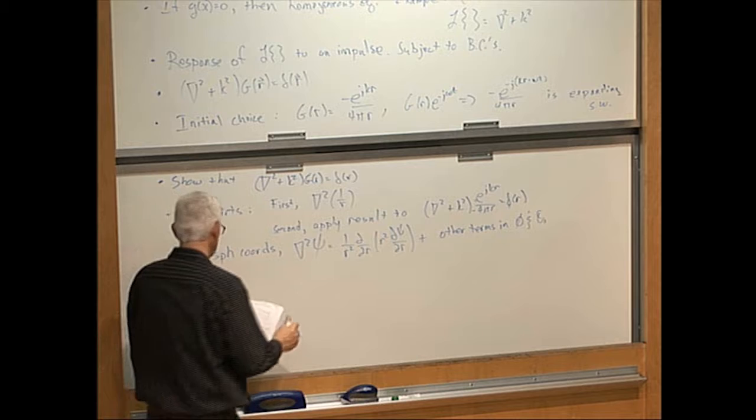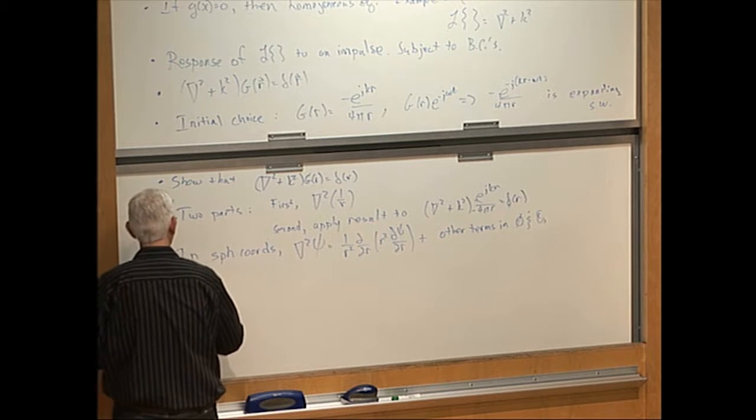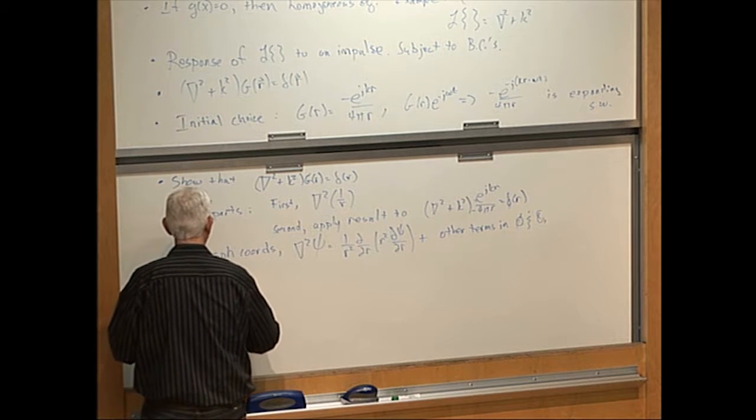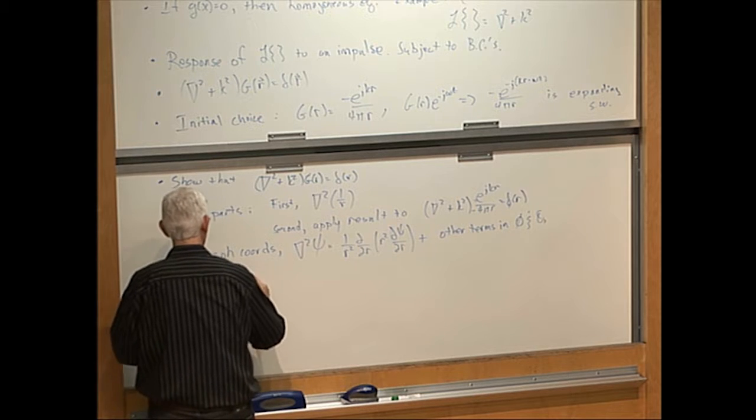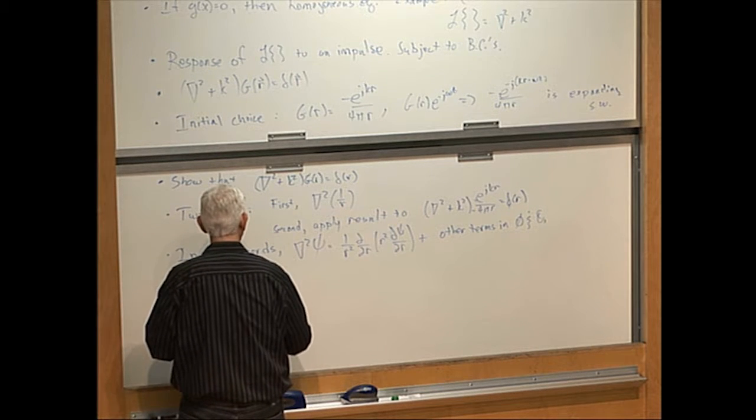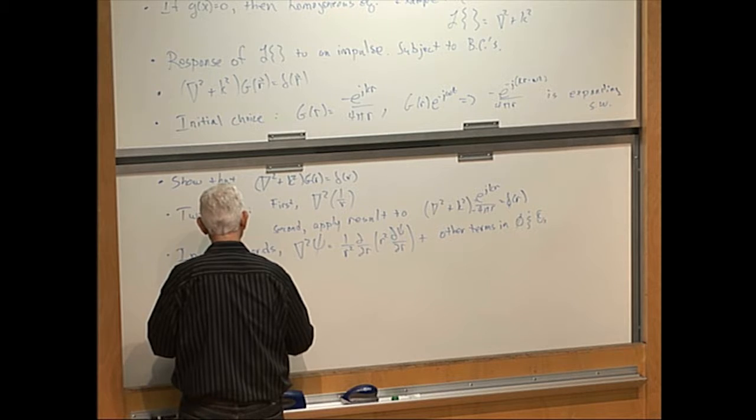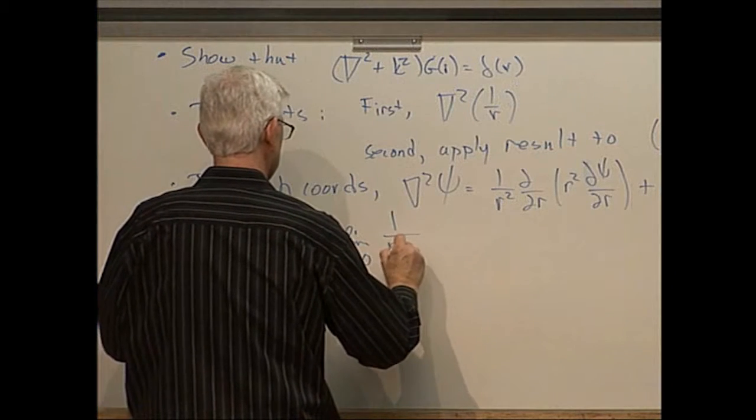Okay, so we're going to let psi equal 1 over r, and that's equal to the limit as epsilon approaches 0 of 1 over r plus epsilon.